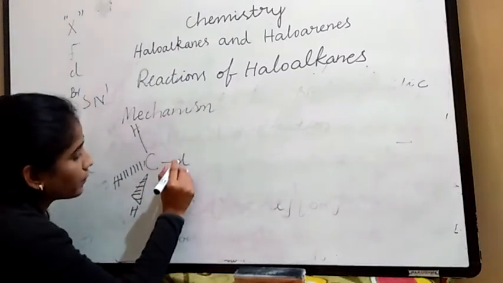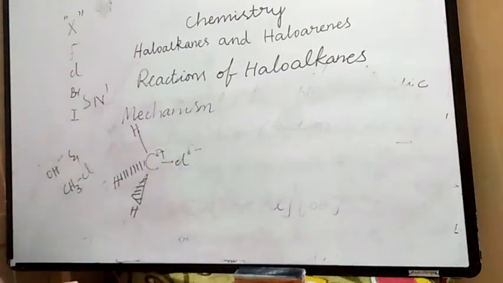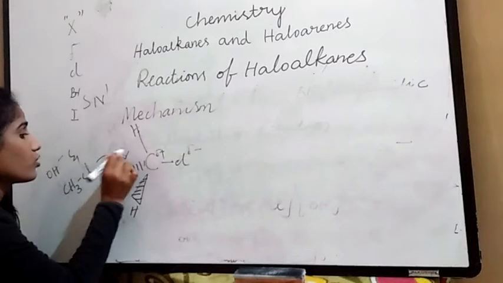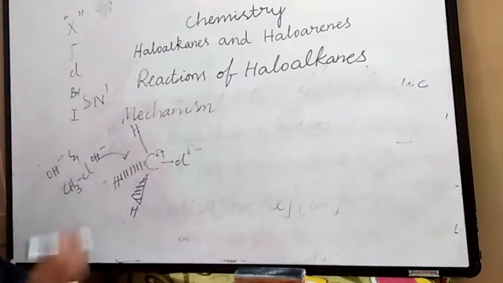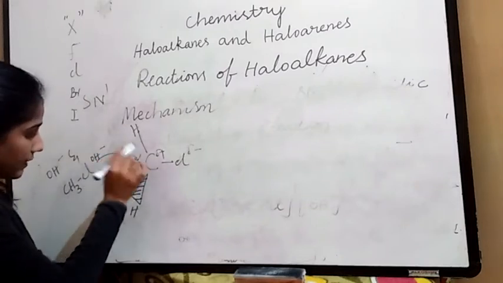This Cl has a partial negative charge and this carbon has a partial positive charge. As I told, the nucleophile in SN2 attacks in the opposite direction of the halide. The opposite direction of the halide is the OH minus on this side, right? So it attacks this carbon atom.